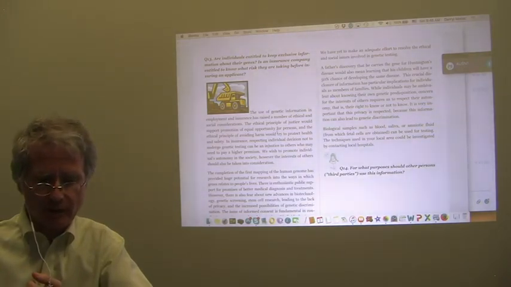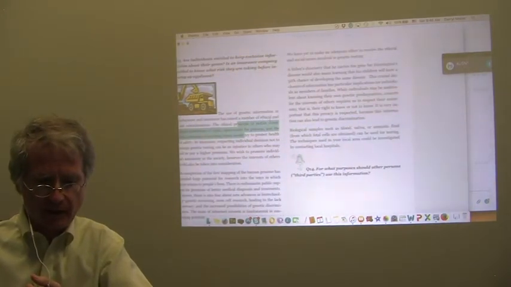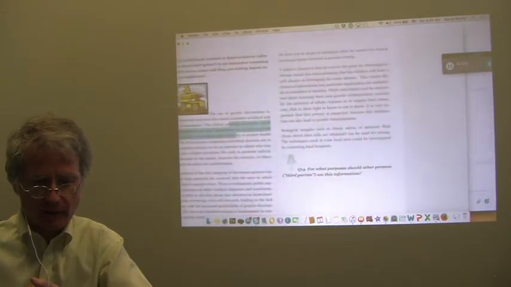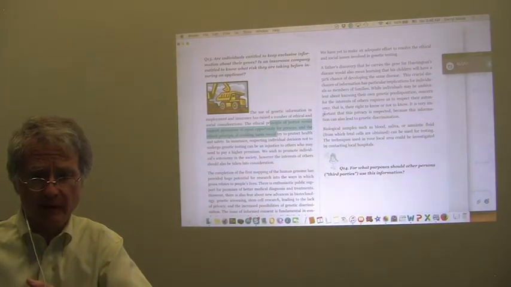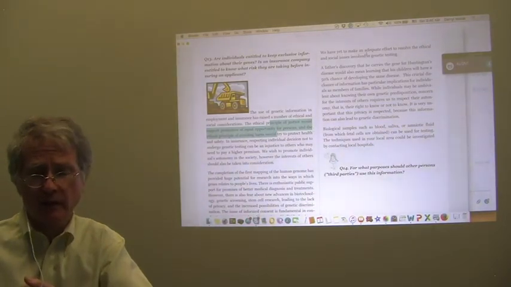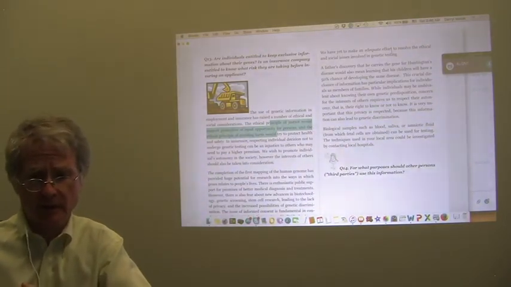The issue of informed consent is fundamental to conducting genetic research and protecting people. We have yet to make an adequate effort to resolve the ethical and social issues involved in this screening and genetic testing.